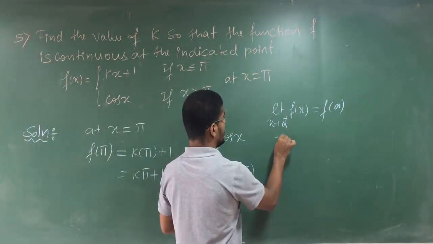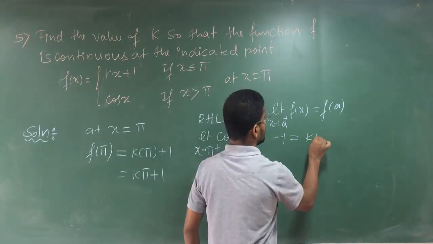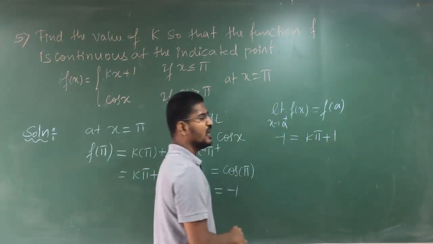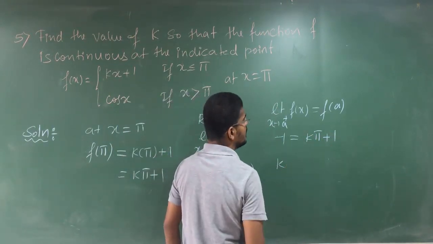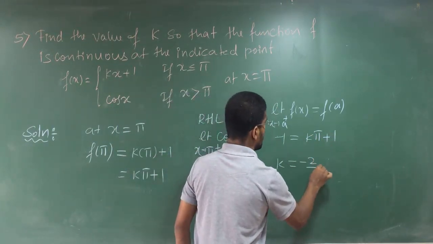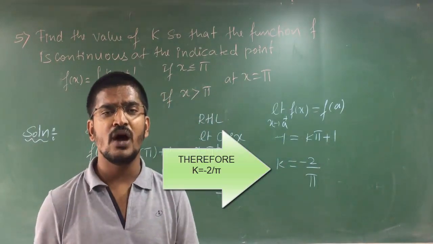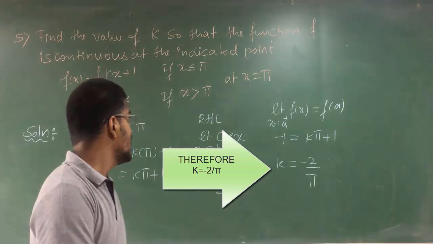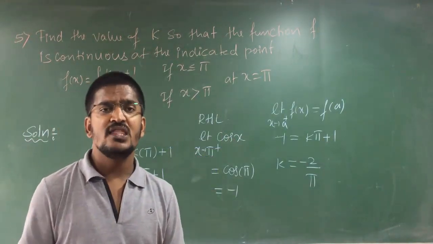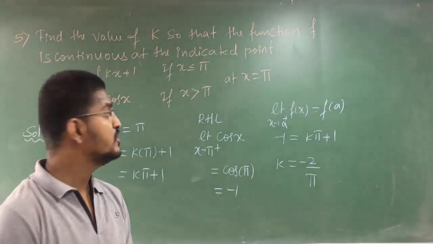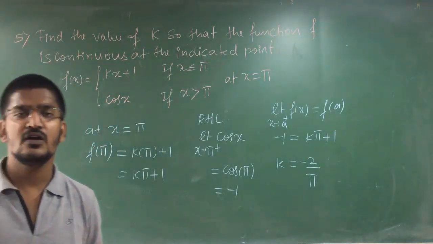That means minus 1 is equal to f of a, which is k pi plus 1. So if I simplify this, it will be k equal to minus 2 by pi. Very simple problem. Clear, students? So I think you got my point of solving the value of k in this particular question.